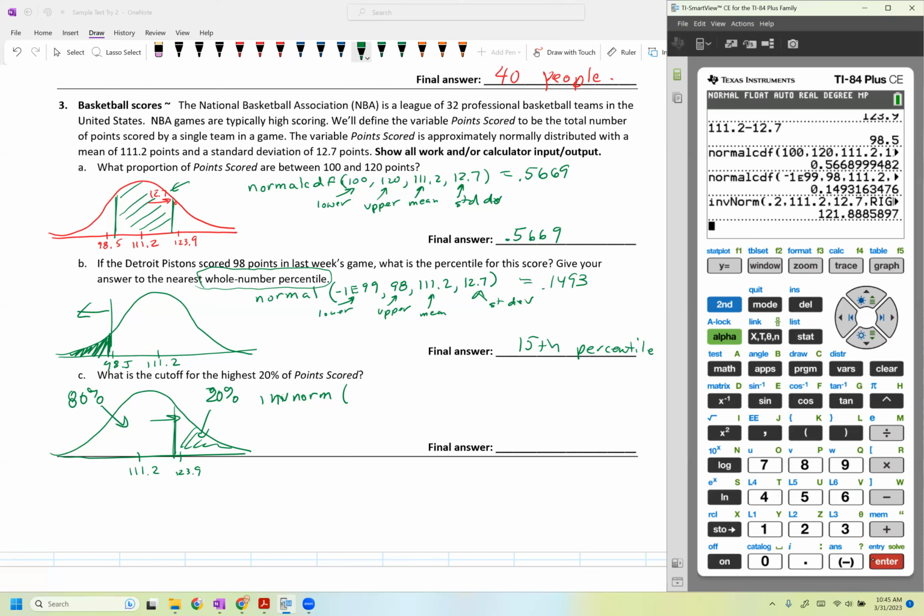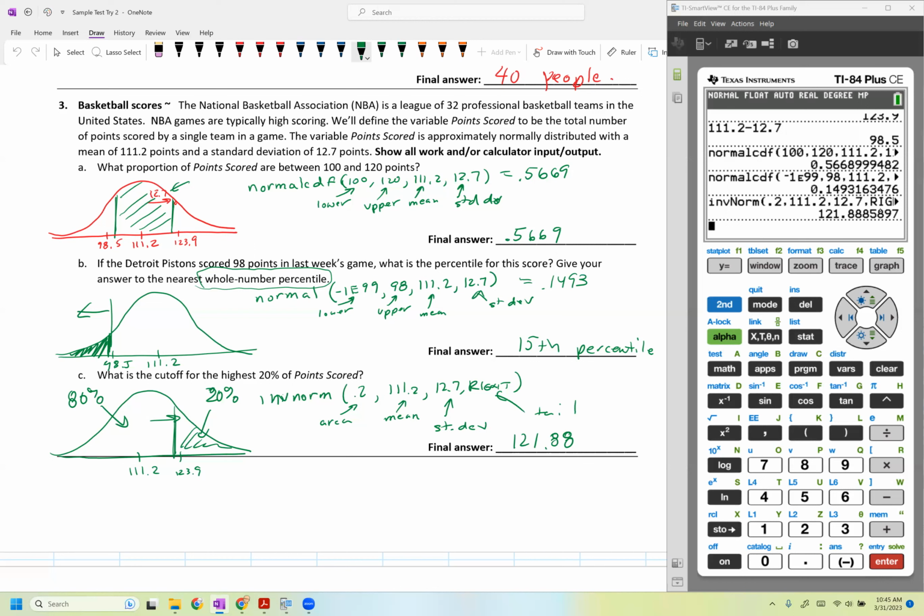So document this: 0.2, 111.2, 12.7, and we want this to be the right tail. This is our area and our mean and our standard deviation. And this specifies again which tail. And we get a score of 121.88.